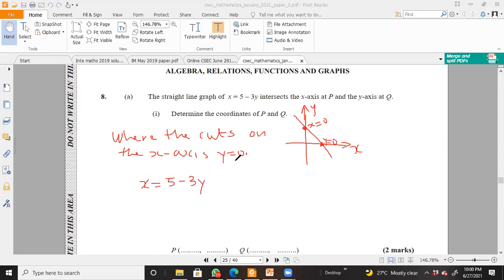Now remember that y is equal to 0, so you're going to find the value of x. So x equals 5 minus 3 times 0. Now we work it out. So x is equal to 15.